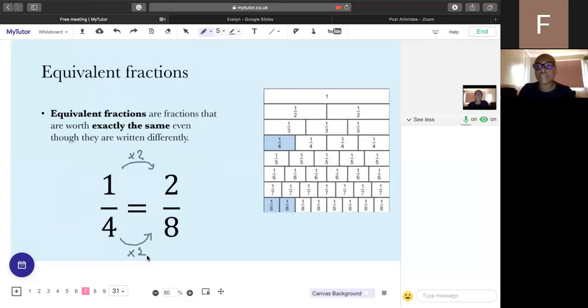Now, if we were to look at a half here, so if we shaded in this section, this area is exactly the same as 2 quarters. A quarter plus a quarter would be 2 quarters. So we've got 2 quarters equals a half.